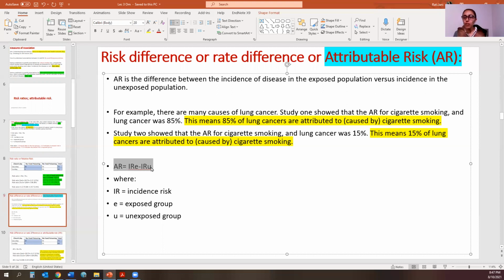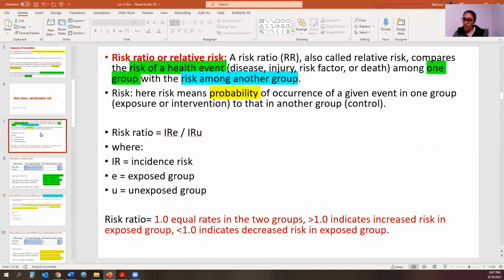It will just give you a different way of saying things, but the concept is similar. You have your exposed group, you have your unexposed group. You are comparing these groups. In one formula, you are dividing them, and in one formula, you are finding the difference between these two groups. That's about it. Okay. And as I said, the most common and the most popular thing to do is to calculate risk ratios.